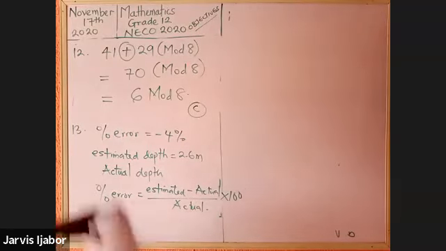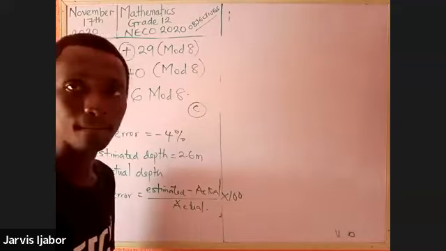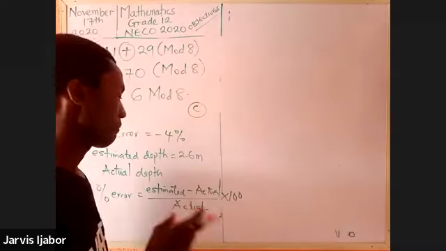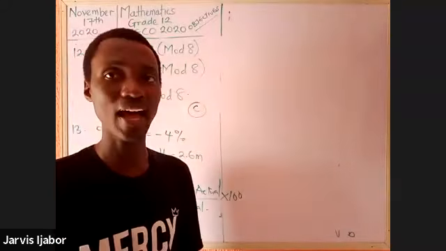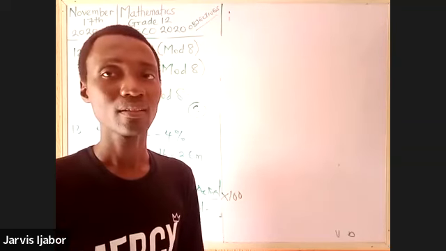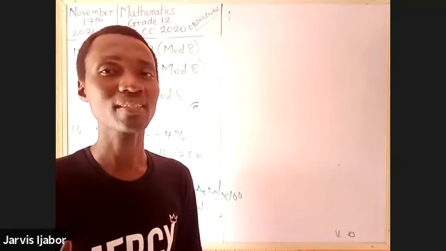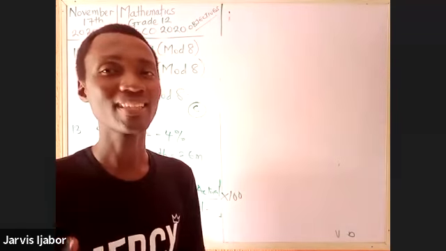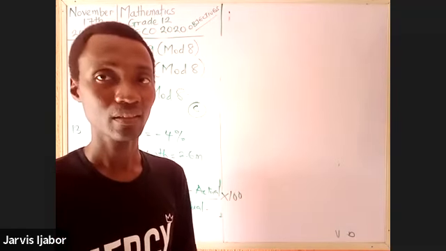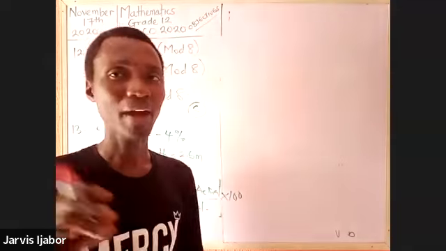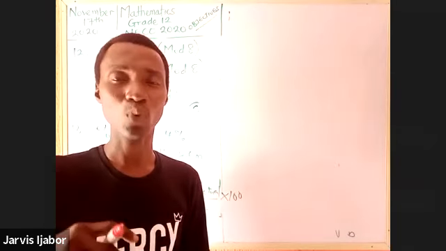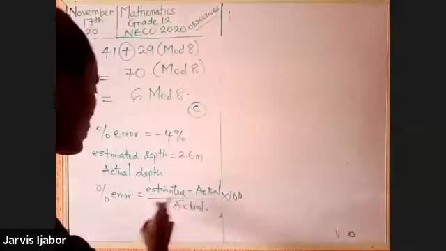So the percentage error is minus 4. Minus 4 will suggest that the actual is greater than the estimated. I'll come again. Minus 4 will mean that the actual is greater than the estimated.